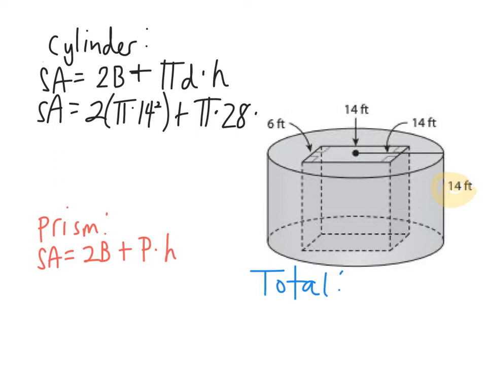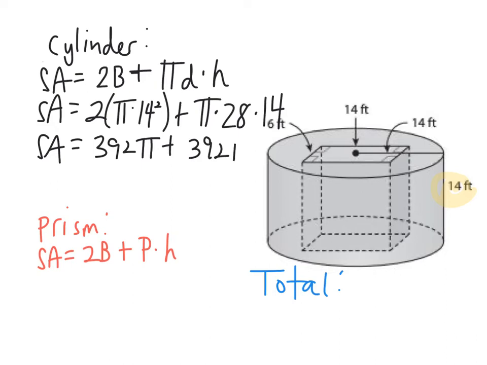So that will go in for h right there. When I simplify this, I get 392 pi for the bases, and I also get 392 pi for the lateral surface area. So altogether, my surface area of the cylinder is 784 pi square feet.